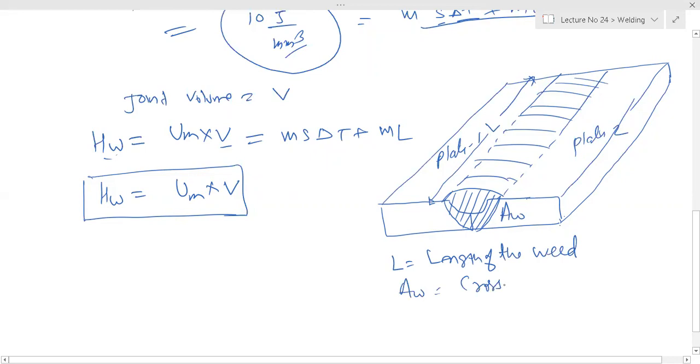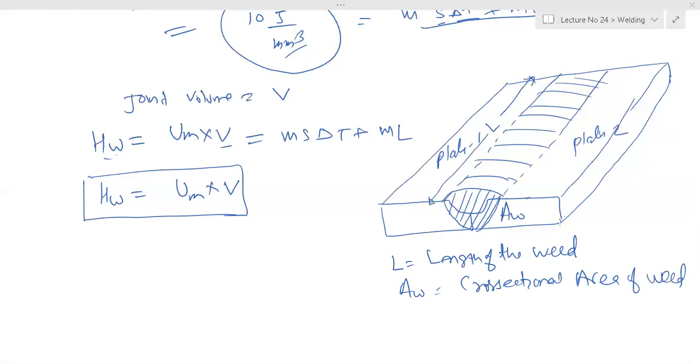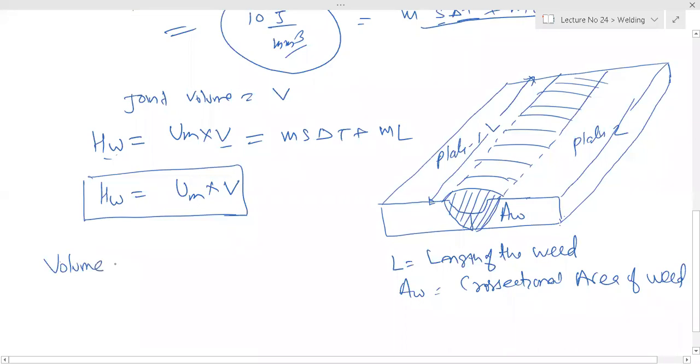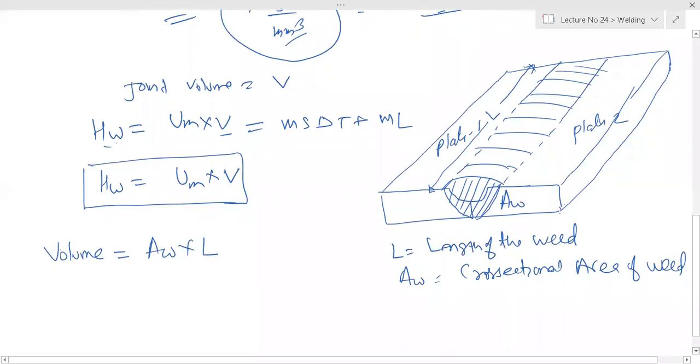Cross-sectional area of weld, right? So we can write volume is your AW into L, right? Everybody is clear?